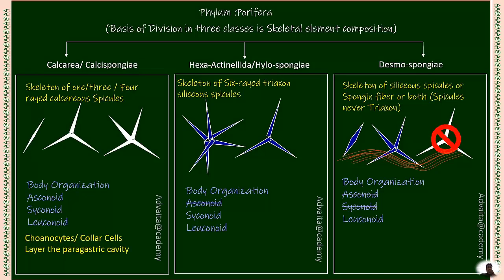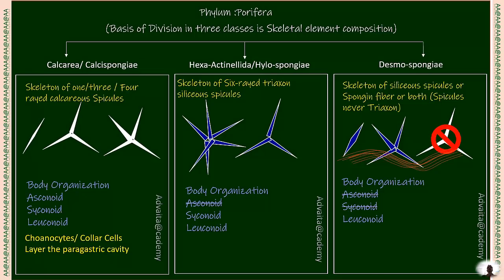Now let us see the distribution of coenocytes. How many of you remember that coenocytes are the most peculiar cells in poriferans? They are also called collar cells. And when we discussed the general characteristics, the poriferans have an enclosed cavity.